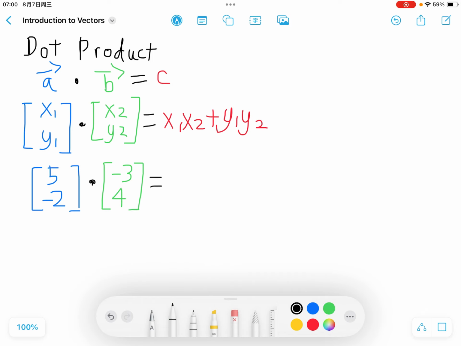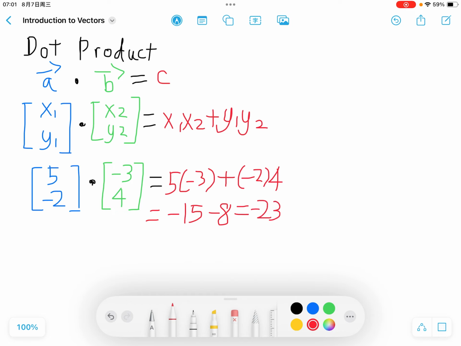So what I can do here is I have 5 times negative 3, or x1 times x2, plus negative 2 times 4, y1 times y2. So that's actually just equal to negative 15 minus 8, which is negative 23. So that's our answer.